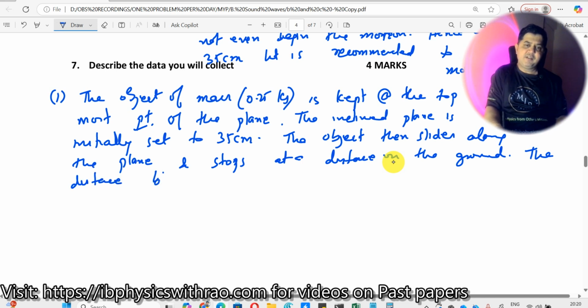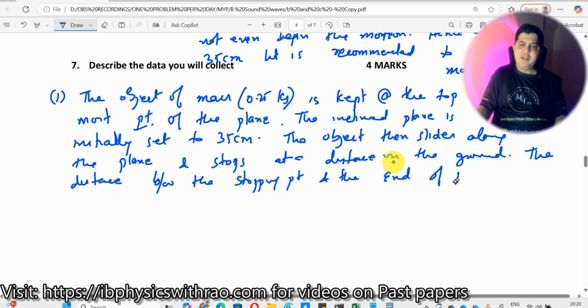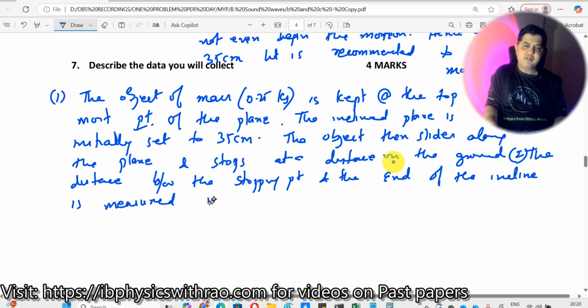The distance between the stopping point and the end of the incline is, I think, your second point. The distance between the stopping point and the end of the incline is measured using a ruler. That is the third point.